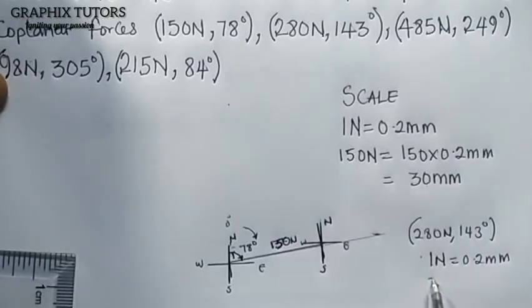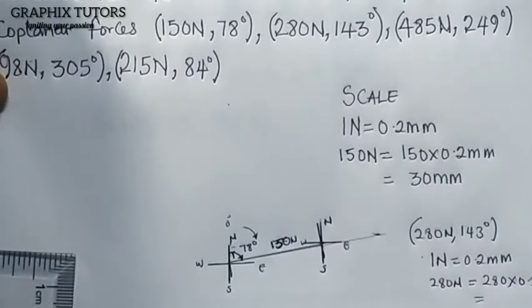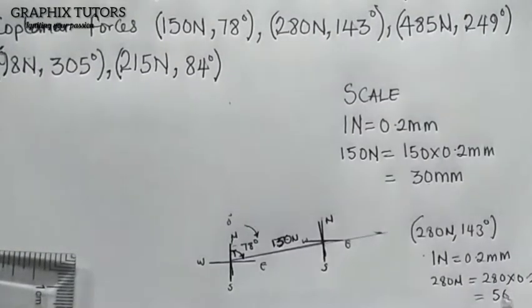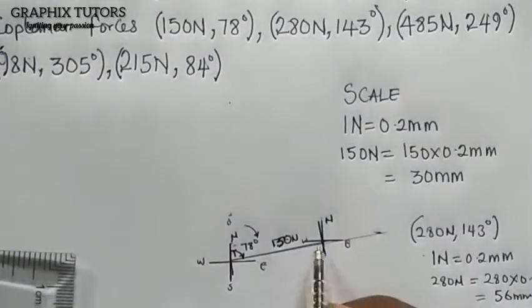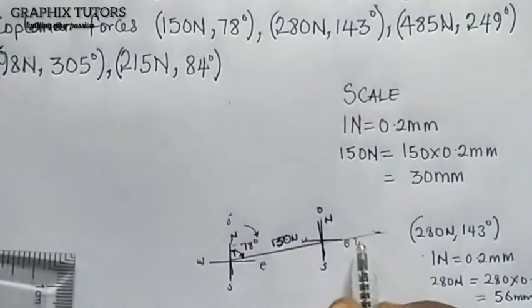Then 280 Newton will be equal to 280 multiplied by 0.2, and that will give us 56 millimeter. So on this scale, we know our vertical part is 0 degree, here is 90, right?